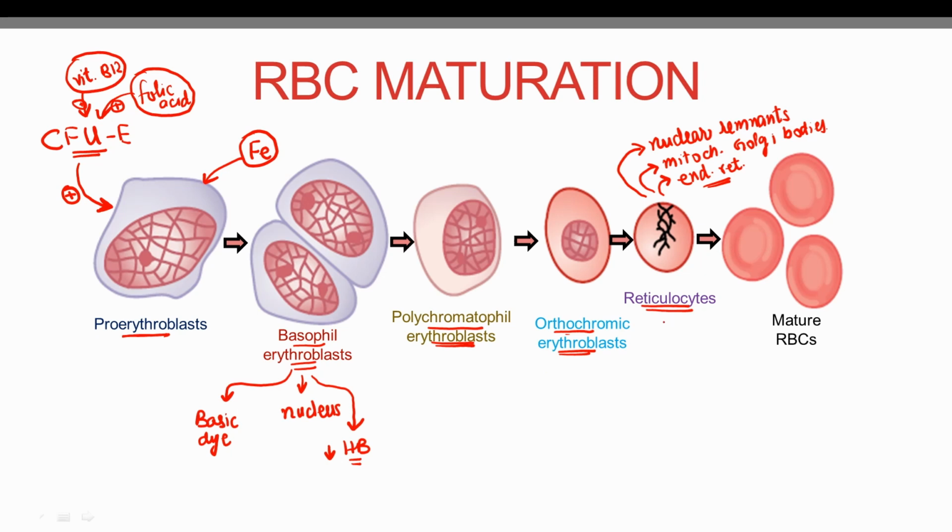The reticulocytes are released into the blood by a process known as diapedesis. Diapedesis refers to squeezing of reticulocytes through the capillary fenestrations into the bloodstream. These reticulocytes remain in the blood for 1 to 2 days, during which the nuclear remnants are completely absorbed.